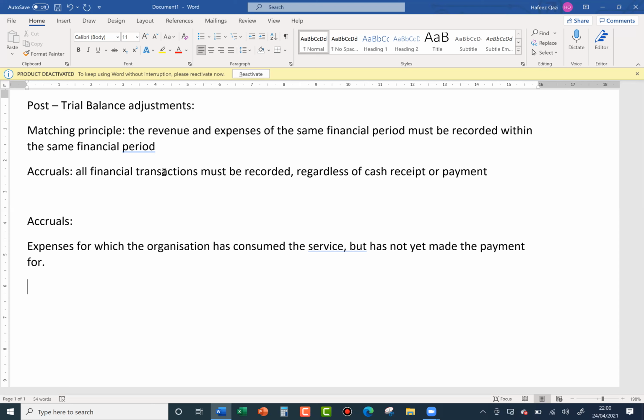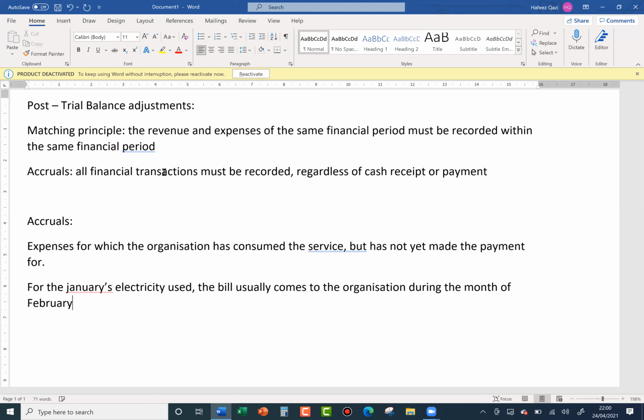So I can say for January's electricity used, the bill usually comes to the business, to the organization, during the month of February.